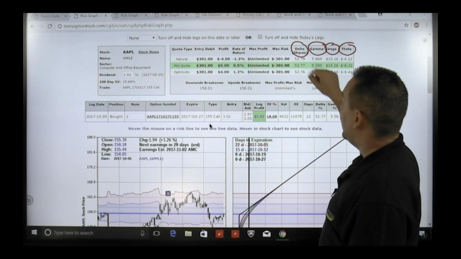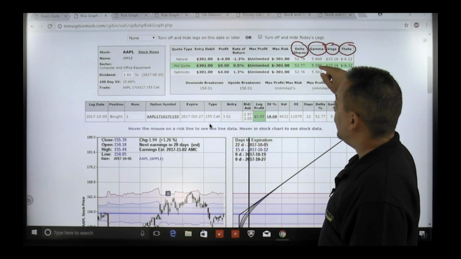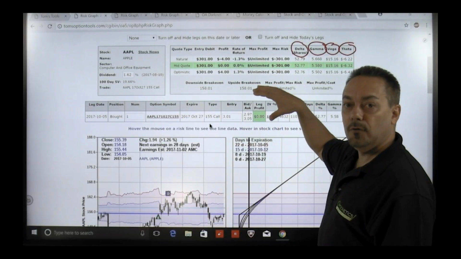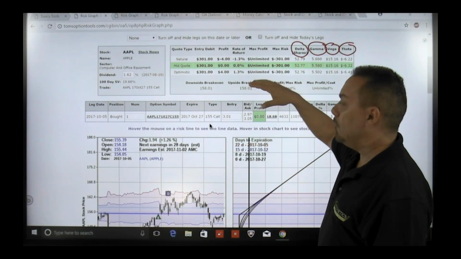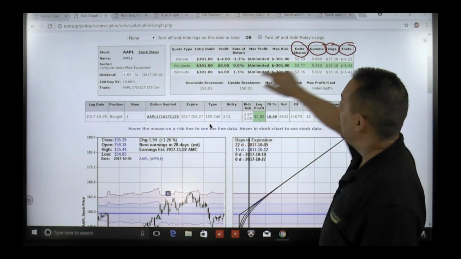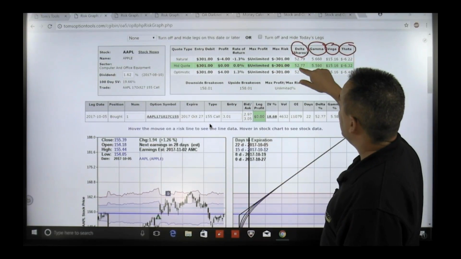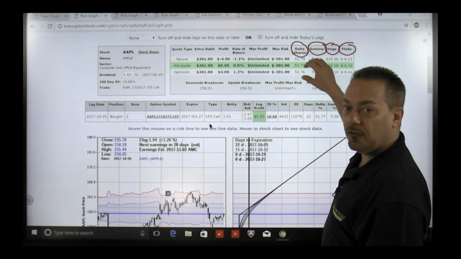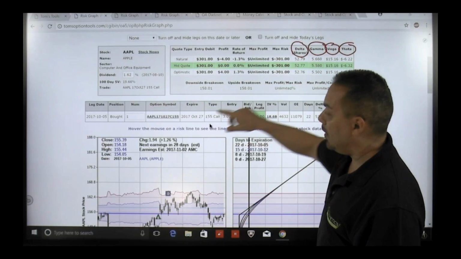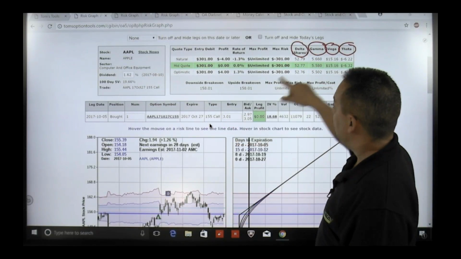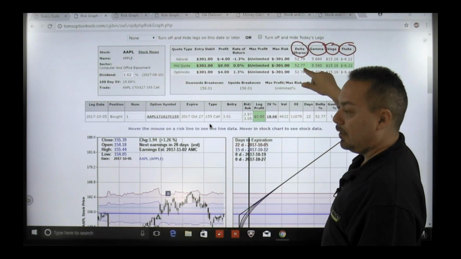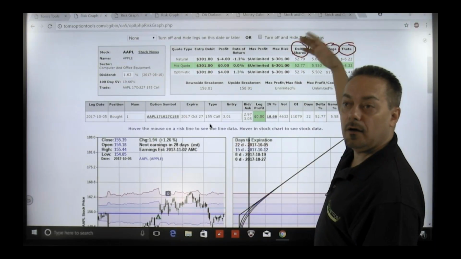For instance, the delta of an option is basically how fast that option moves relative to the speed of a stock. So, for instance, if Apple moves $1, this delta says 52.77. What that means is that theoretically, this option should go up 52%, all right, of a dollar movement in the stock.